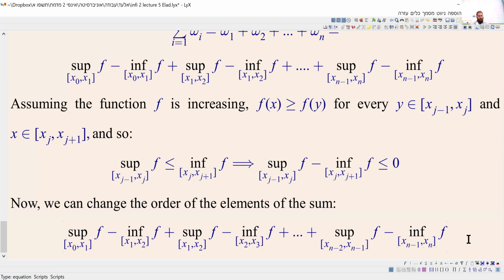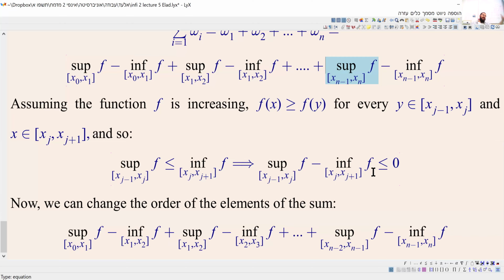And besides, we have on one hand the infimum of x0, x1, which does not have a partner. The sup of the previous segment does not exist because it's the first segment. And on the other hand, we have the supremum of the last segment. It doesn't have a partner as well.